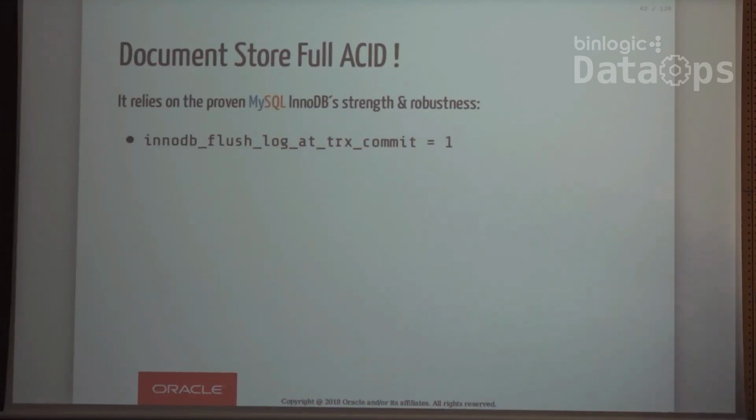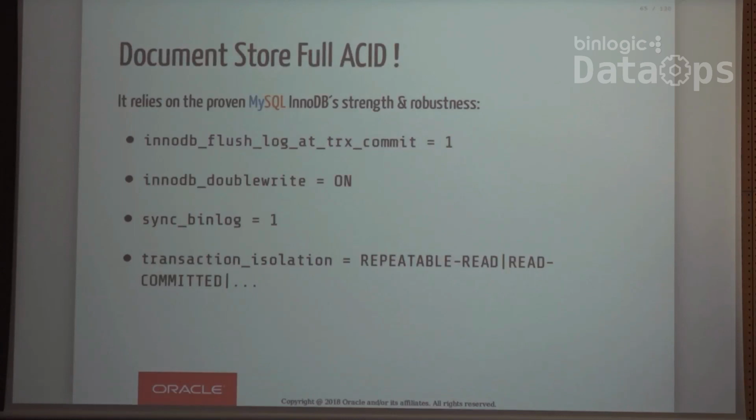So every time you write data and every time we return, it's there, it means it's synced on disk. We have the InnoDB doublewrite buffer on by default, so if a page is corrupted, we can see it when we write it, and we don't miss the data. Sync binlog equal 1, so every time we also write to the binary logs, and if you have a slave, it has been sent there too, certainly if you use semi-sync on your slave.